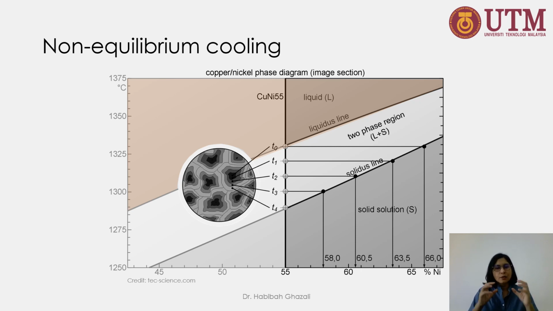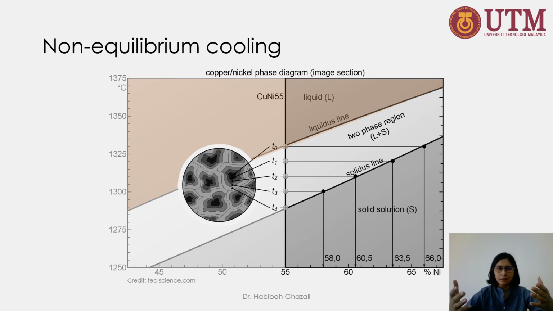When the nucleus starts to form, the nucleus has a different composition than the next layer that will attach itself to that nucleus. But because it happens at a much slower rate, diffusion from the nucleus to the next layer can happen.